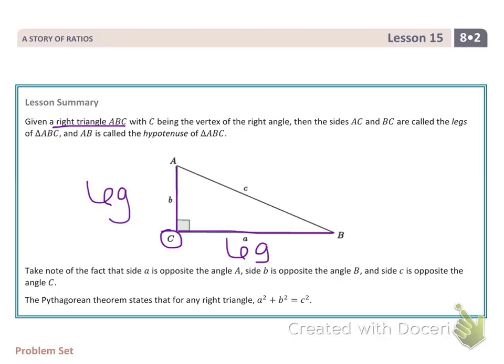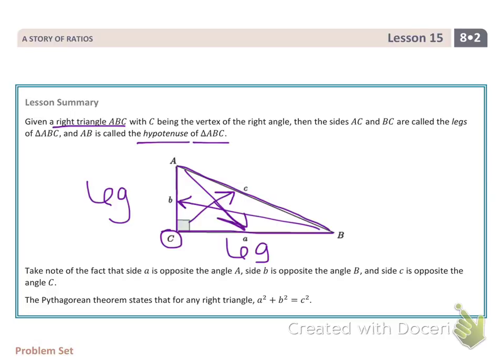And side c, which is opposite the right angle, is called the hypotenuse of triangle ABC. Okay, and we talked about how we're calling side a opposite angle A. Side b is opposite angle B, like so.